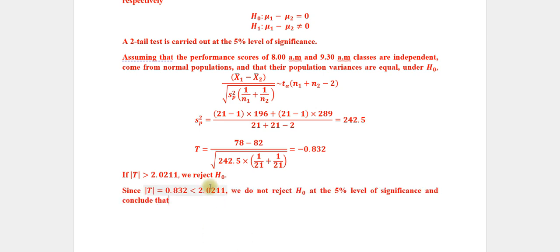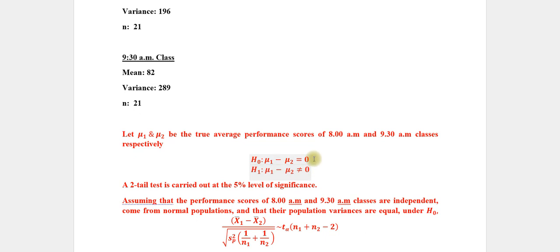So if we have not rejected the null, what does it mean? We are saying that the null is true, which means that mu1 is equal to mu2.